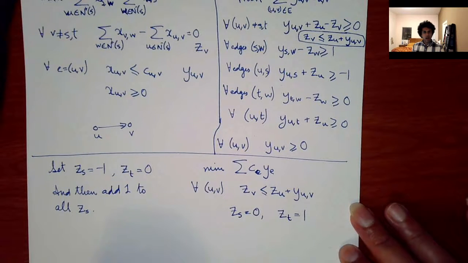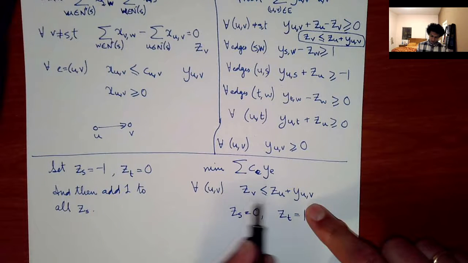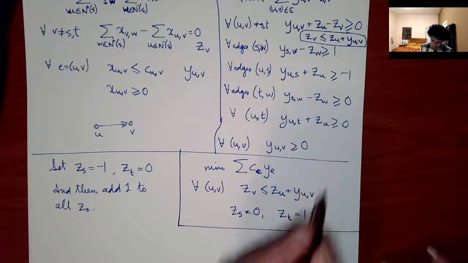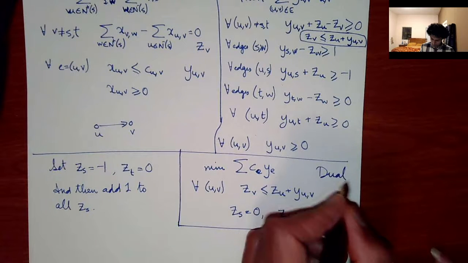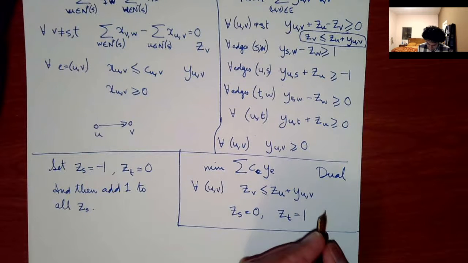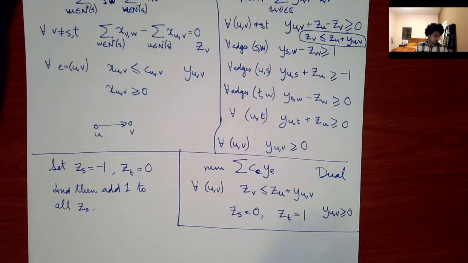I'm just doing a simple manipulation. You could imagine just adding everything because you're only looking at differences. This is the dual. So the dual is looking like some kind of shortest path like problem, except where there are actually variables that are the weights. The weights themselves are variables.